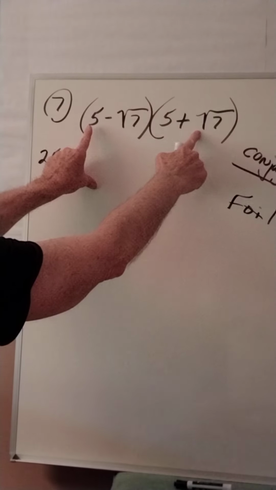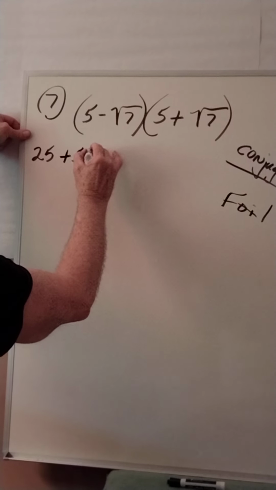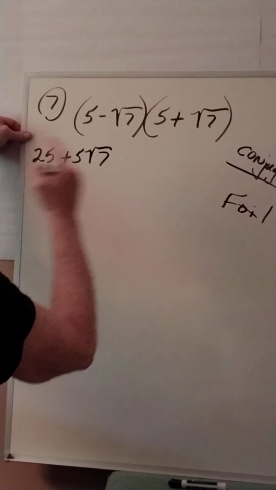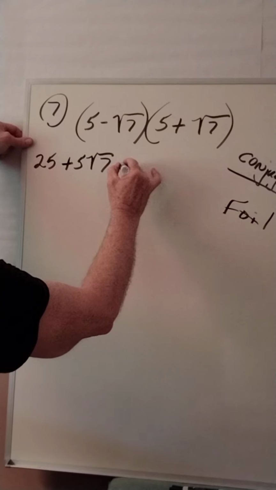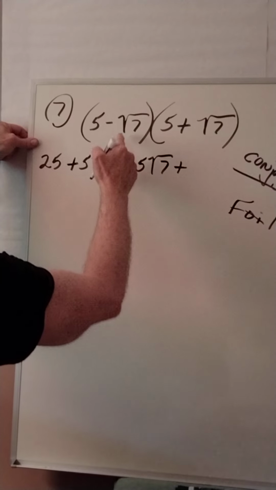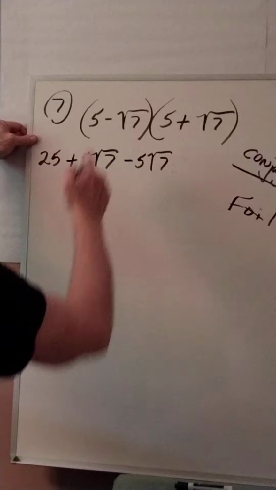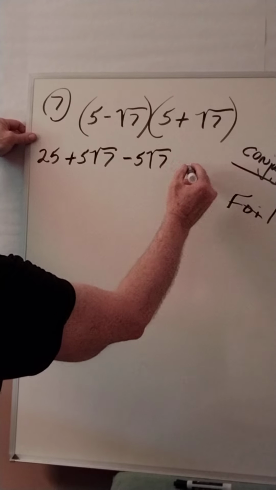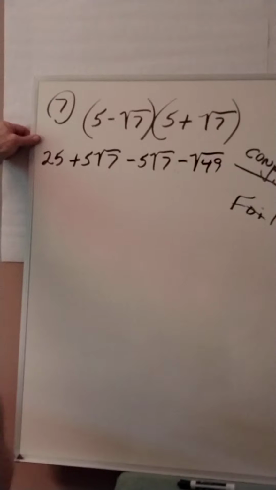Let's do the outer. That's a positive times a positive. That's plus 5 root 7. Let's do the inner. That's a negative times a positive. That's negative 5 root 7. And then plus the last, not plus. That's negative times positive. That would be negative root 49.